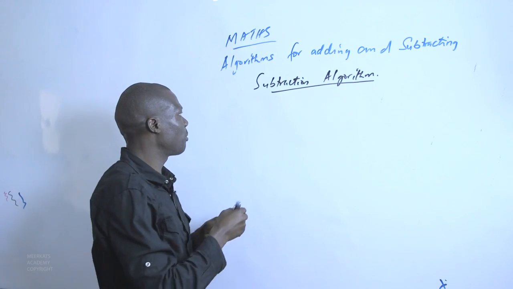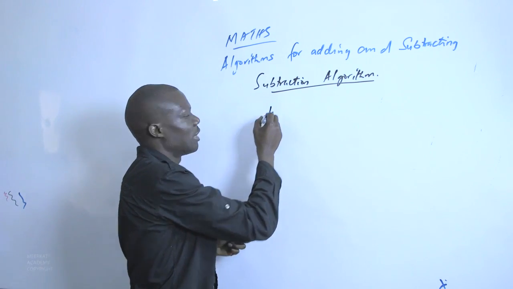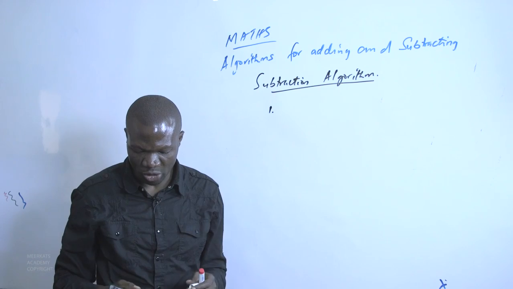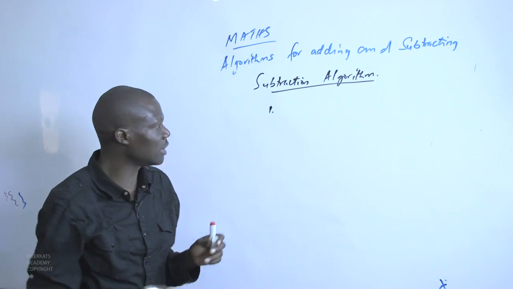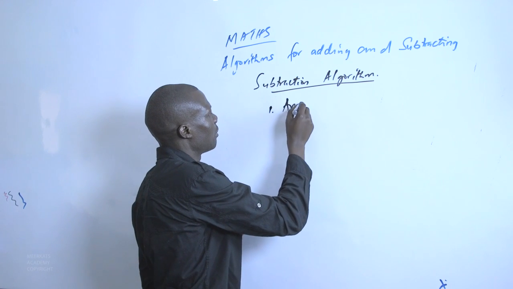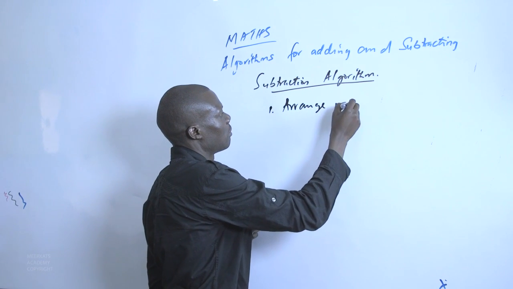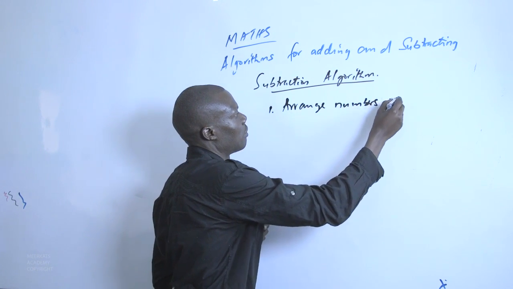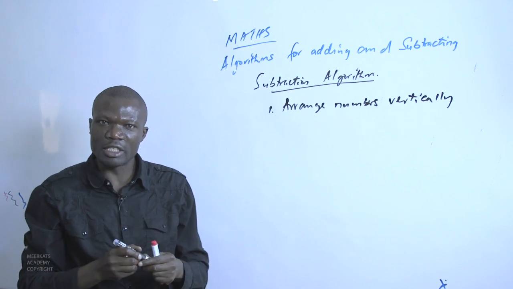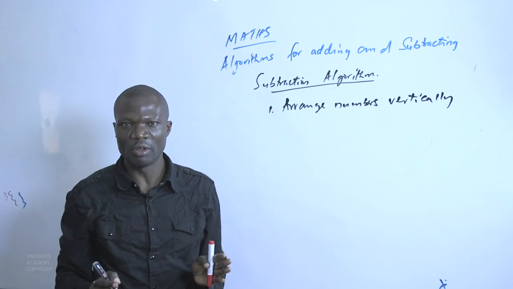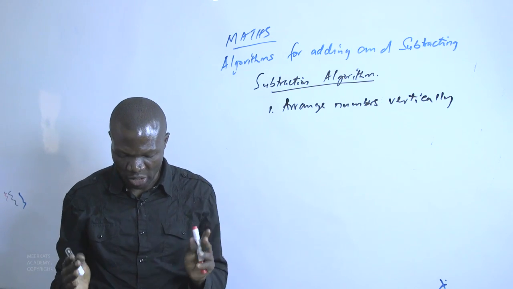So the first step will remain as previous in subtraction, where we arrange the numbers vertically, with the digits that fall in the same place value falling in the same column.